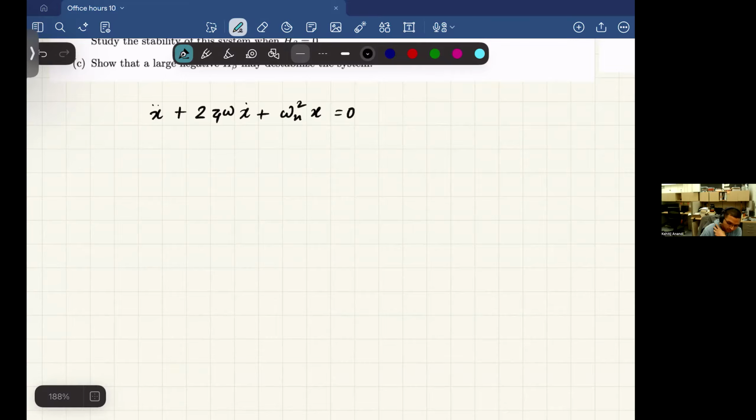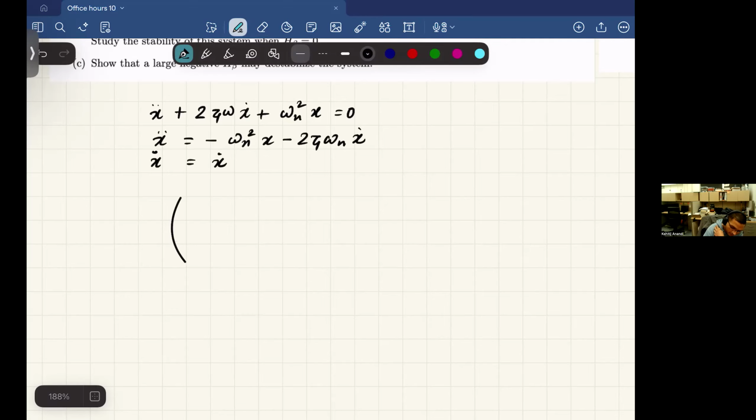How do you convert it into state space form? You write x double dot equals negative 2 zeta omega n x dot, negative omega n square x, and then you say x dot equals x dot, obviously.